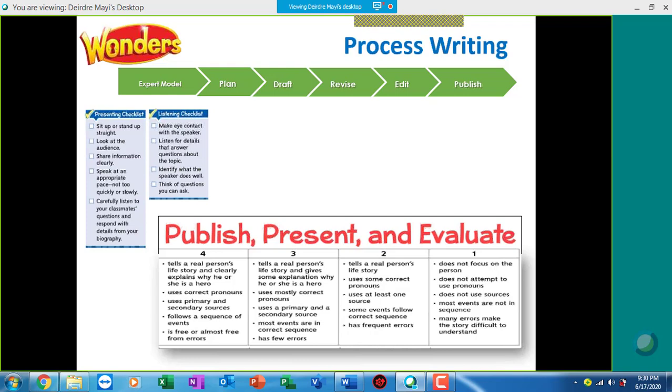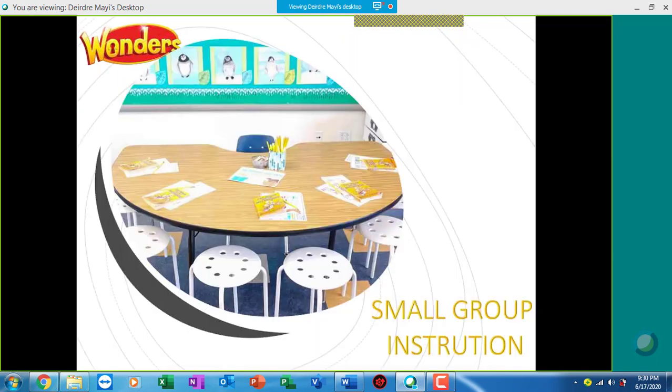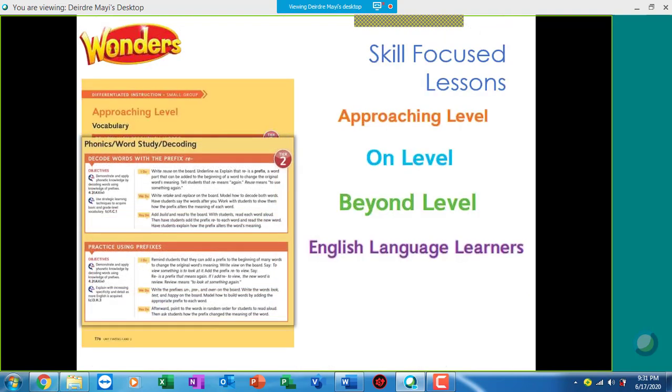Now I'm going to turn away and go into small group. So we're leaving home group and we're going to talk about small group. You will recall that I mentioned that small group supports both the acquisition of skills and the reading of leveled readers. So on the screen, you are seeing an approaching level group of lessons.